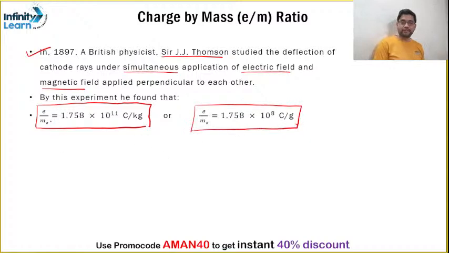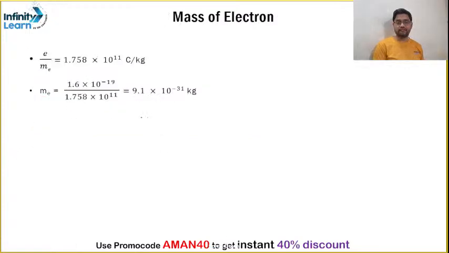Now we know the charge of the electron by the Millikan experiment, and we know the charge to mass ratio of the electron. Can we calculate the mass of the electron? The answer is yes, and with this equation the value was calculated.